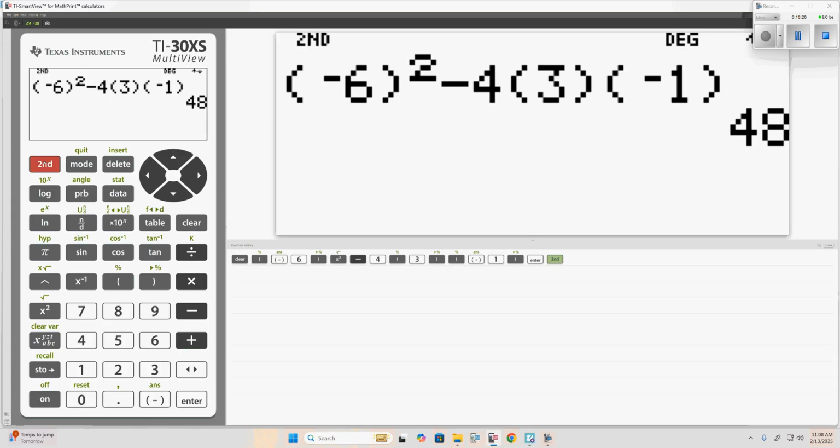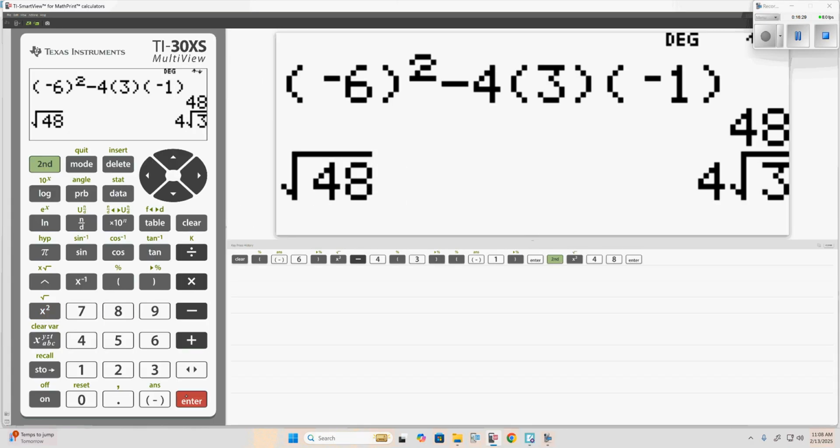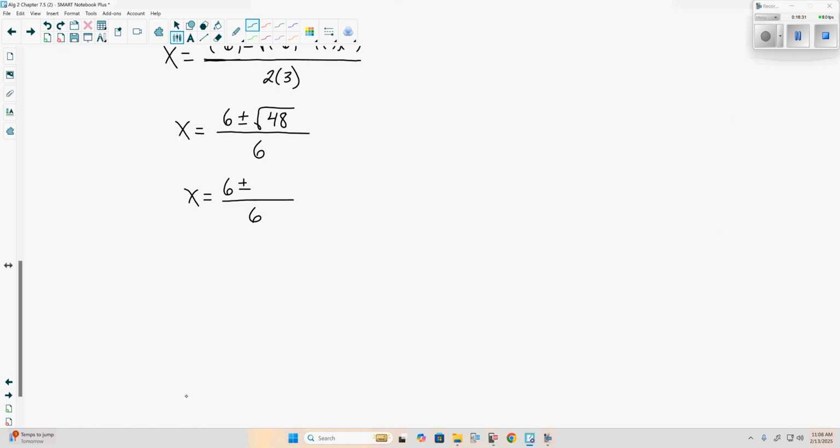We can take the calculator and say the square root of 48 is 4 square root of 3. Now, for the most part, I will take this as your final answer, but it can be simplified.